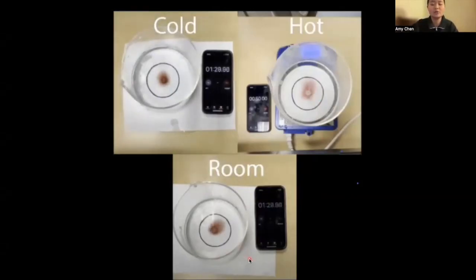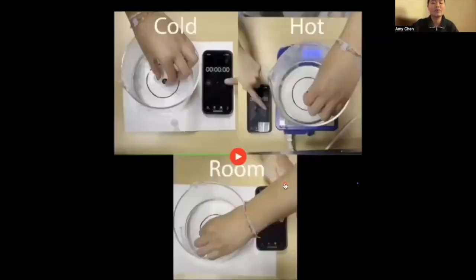On the bottom here is our room temperature, and you see that the dye is diffusing slower than the hot temperature, but faster than the cold temperature, which is on the top left. Now we're stopping the timer exactly at the point at which the dye crosses the circle that we drew here. And that is how we are measuring exactly how fast the rate of diffusion is.